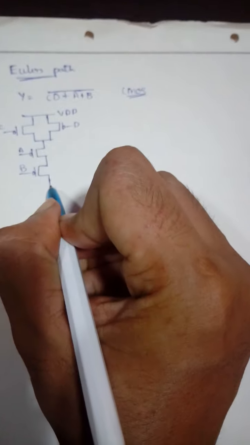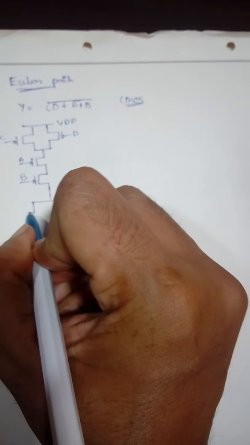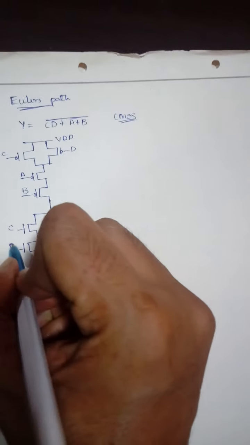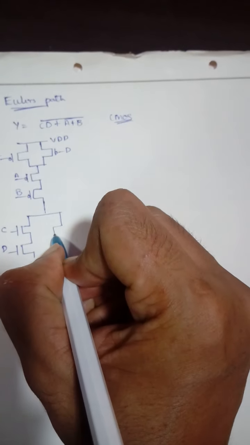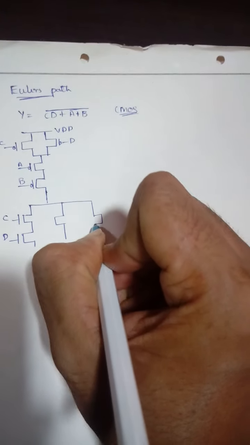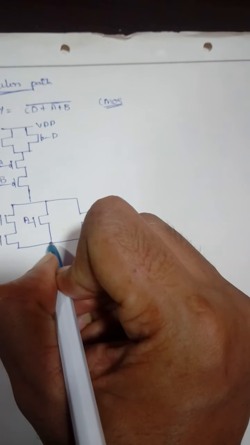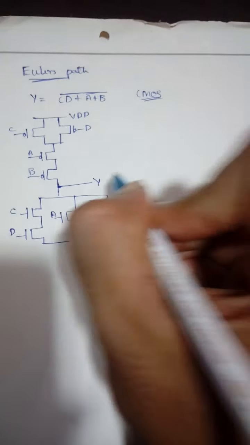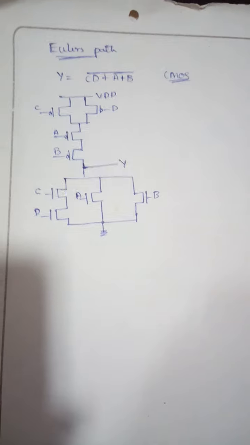And for the N-type, the C and D are in series. C and D are connected in series in parallel with A, in parallel with B. So this is the normal circuit. I hope all of you know how to write it, which is connected to ground. So here you are taking the output, which is nothing but Y, right?